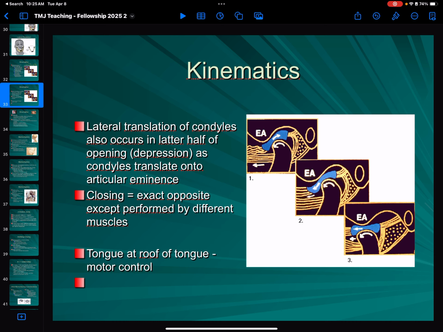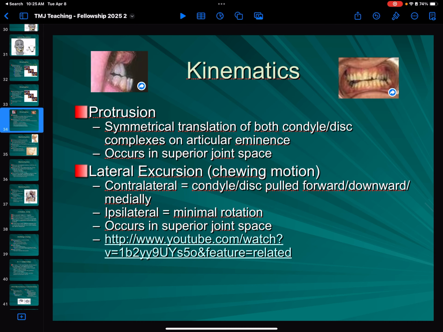Then with protrusion, there's a symmetrical translation of both the condyles and the disc on the articular eminence, and that's going to happen in the superior joint space. Does that make sense? So protrusion is straight translation. Where does translation happen, inferior joint space or superior joint space?